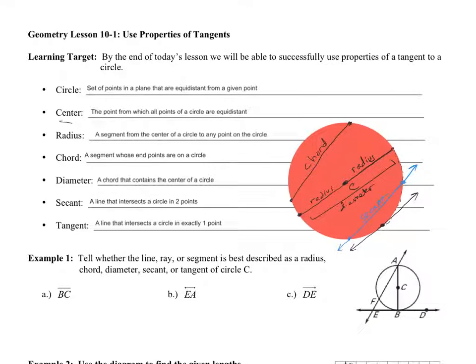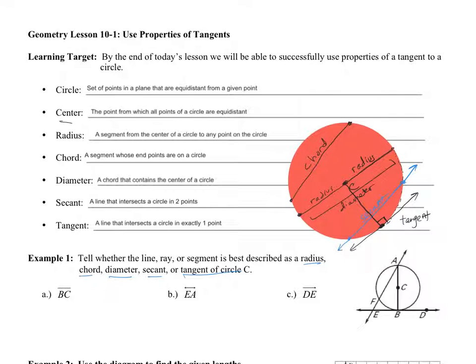This would be the tangent. And if we were to draw a radius from the center to the point of tangency, this is actually perpendicular, and we will actually talk more about that later.